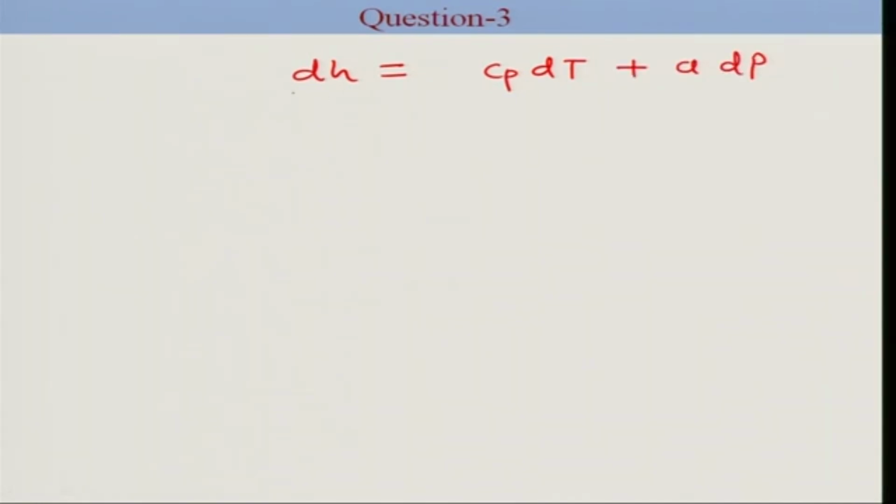After integrating it, we get H2 minus H1 equal to Cp times T2 minus T1 plus A times P2 minus P1.